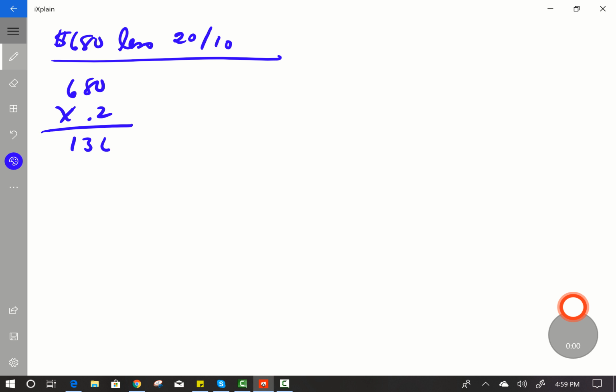Then I'm going to subtract 136 from 680, and that's the amount of the discount right there, and that will provide a net cost of $544. Okay, so $544 is your net cost with the 20% discount.